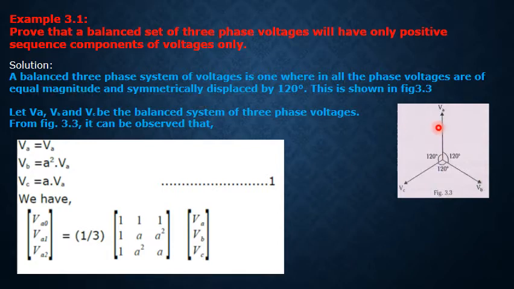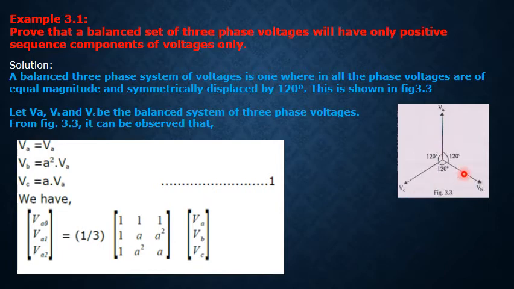If the magnitudes of all the three phases are equal and they are displaced by an angle of 120 degrees from each other, then this is our balanced system, and these are the balanced voltages VA, VB and VC.